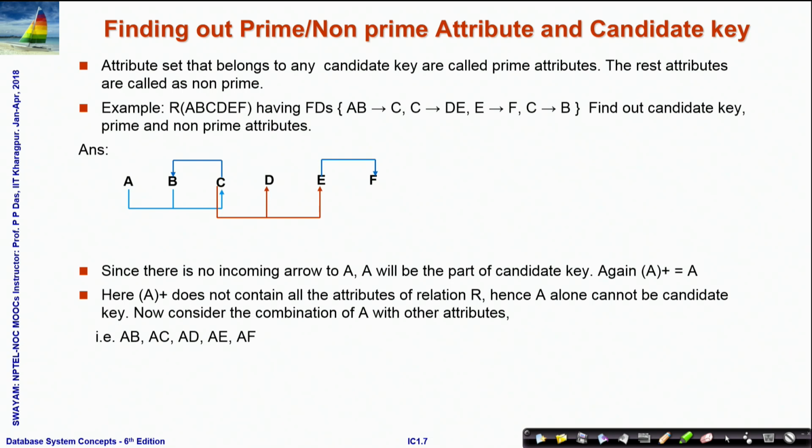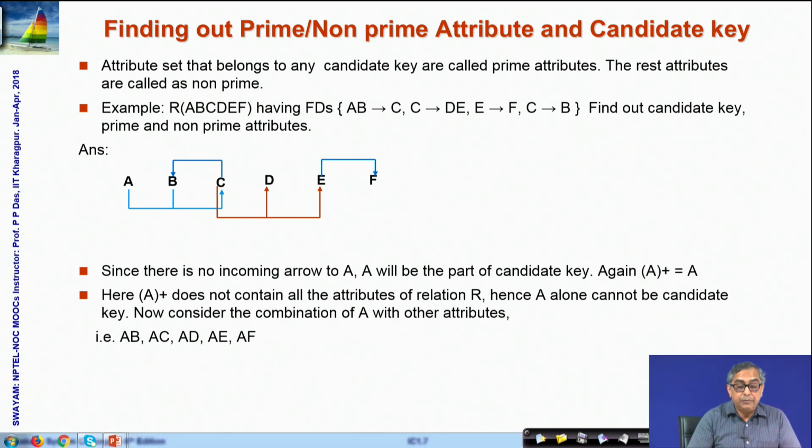Now, let me next talk about the related question from Dhillon in finding out prime and non-prime attributes and candidate key. An attribute that belongs to any candidate key is called a prime attribute. Mind you, these are two terms you will have to clearly keep in mind: this relation may have multiple candidate keys, and if I pick an attribute and that attribute belongs to any one of the candidate keys, then you call it a prime attribute.